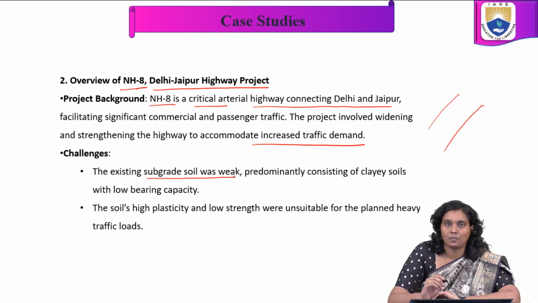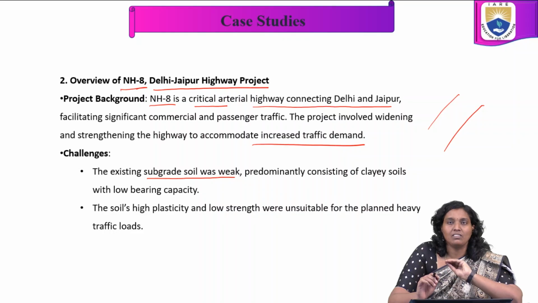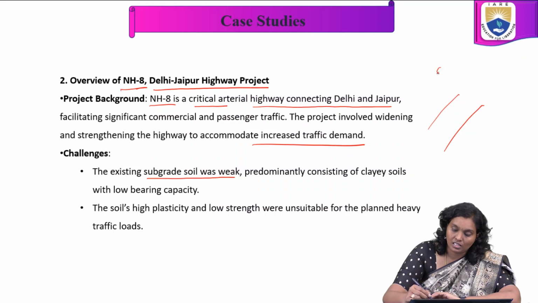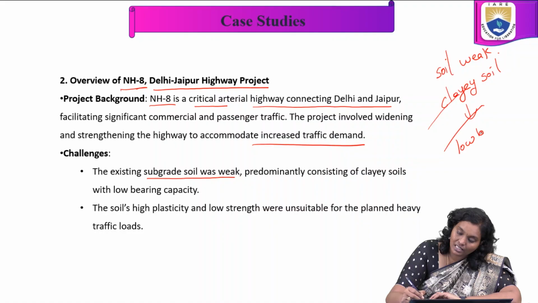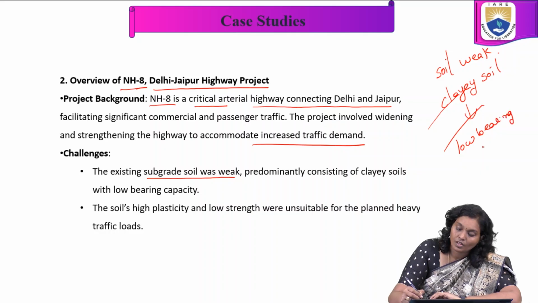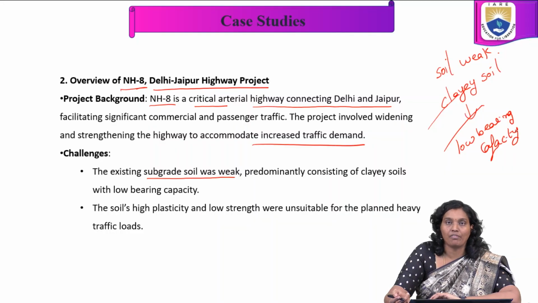is weak, predominantly consisting of clayey soils with low bearing capacity. The soil is already existing in weak condition, and it is clayey soil. Clay soil leads to low bearing capacity, which cannot bear heavy traffic loads.